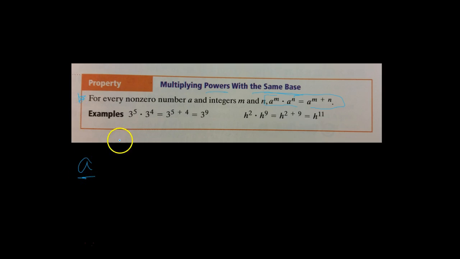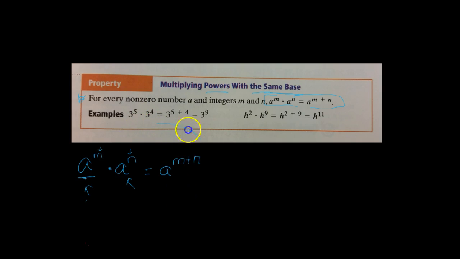That's your big number, and then the little numbers, represented by m and n, are my exponents. A is my base, and we're multiplying. So whenever you multiply exponents with the same base, what you can do is actually just add their exponents together.